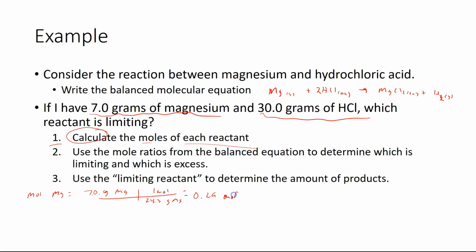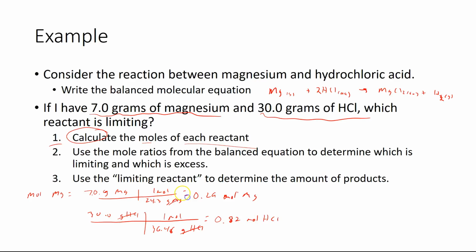That should give me 0.29 moles of magnesium. And for HCl, I've got 30 grams HCl, and there are 36.46 grams HCl in 1 mole. That should give me 0.82 mole HCl.